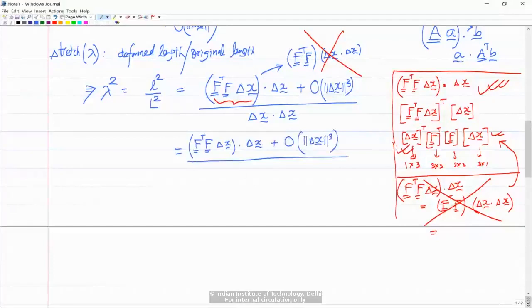Now the denominator I can write as mod of delta x squared, and then I'll do one more interesting thing. So it is same as big F transpose big F delta x.